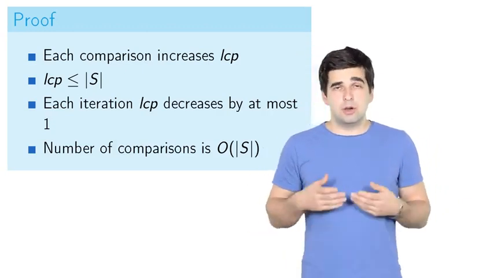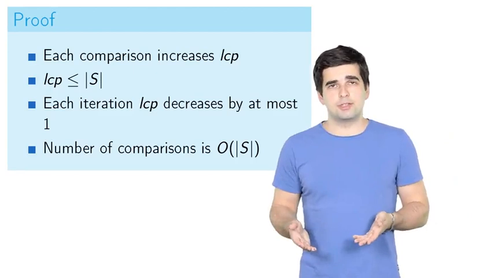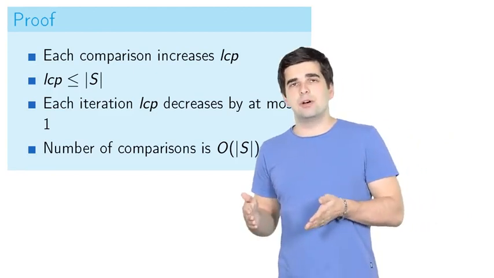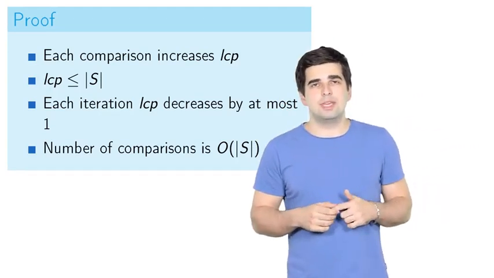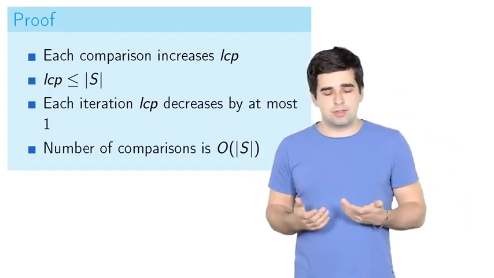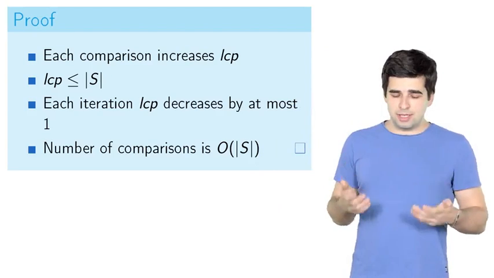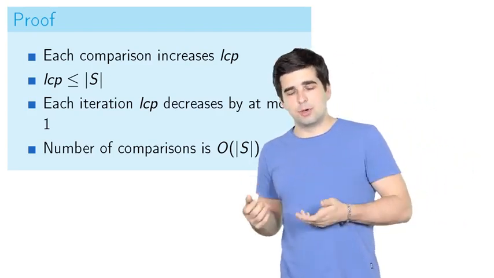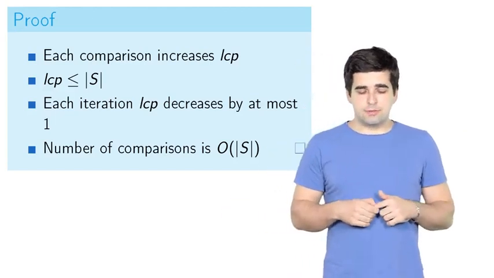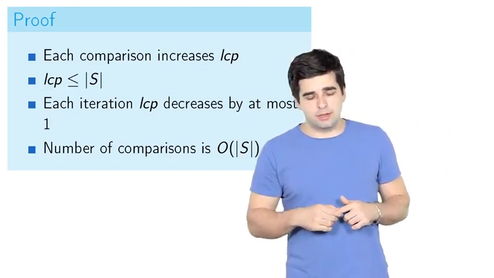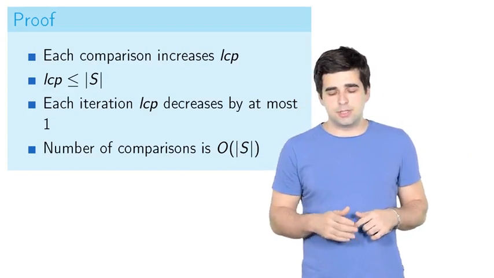So we define the LCP array, and let's consider suffix array A of string S in the raw form, that is A0 is a suffix, A1 is a suffix, and so on up to A of length of S minus 1. All those are suffixes of S in lexicographic order. Then the LCP array of string S is the array LCP of size length of S minus 1.